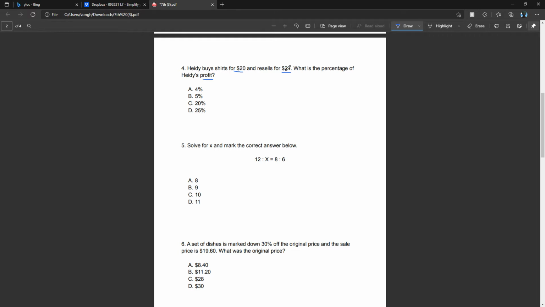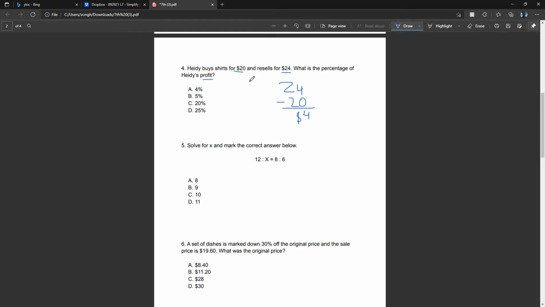So to find that amount, we would take what she sells minus the initial cost of it. So the final cost, or the final number minus the initial. So 24 minus 20, you should get 4. So that means she made $4 in profit.